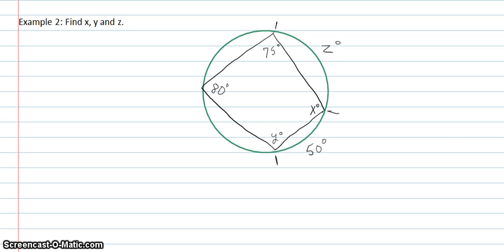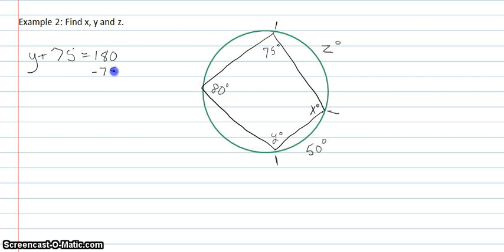In our second example, we find x, y, and z. And in one of our previous lessons, we learned that if the angles are across from each other, they would add up to 180 degrees. So I know that y plus 75 would equal 180.